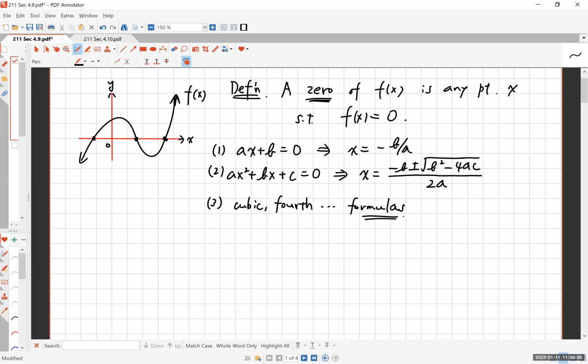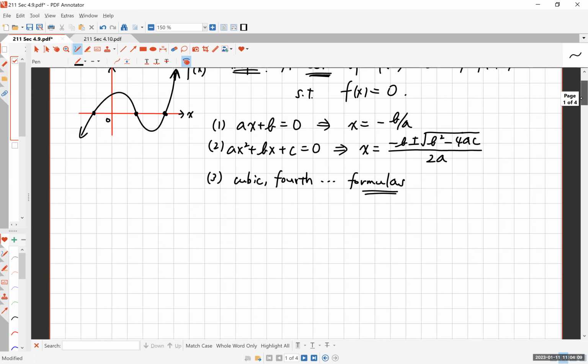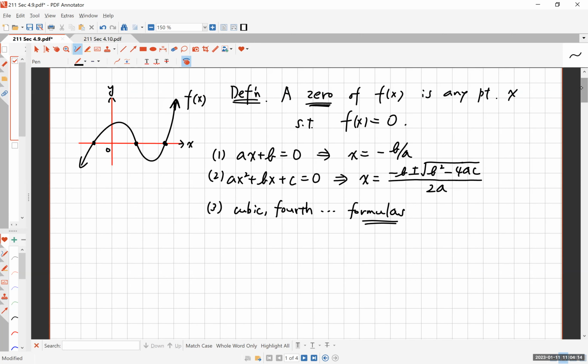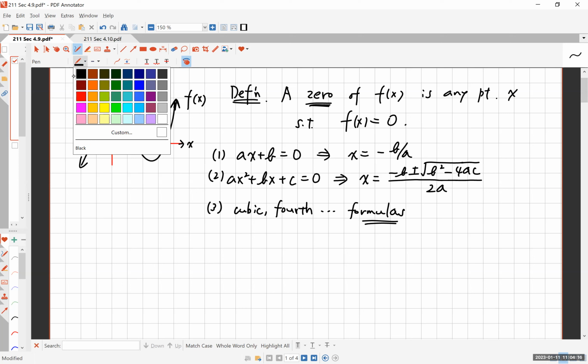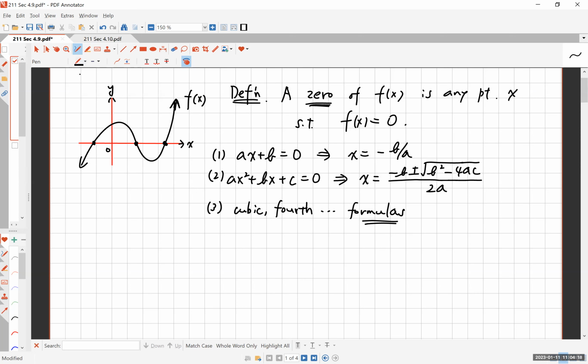This goes back to Renaissance time when scholars were facing each other in duels to solve these equations. I'm not kidding. This was really what was happening in Italy and areas where the Renaissance was occurring. And there are lots of interesting characters, especially a man named Cardano, who is credited with the formula for the cubic equations, except he stole it from somebody, and they had all kinds of issues.